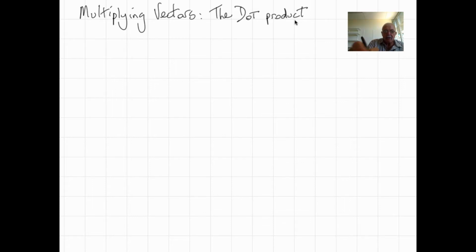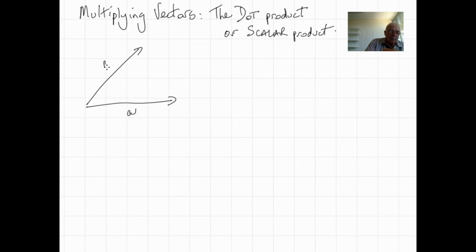So dot or scalar product. So we've got two vectors, A and B. And there's an angle of theta between the two vectors.